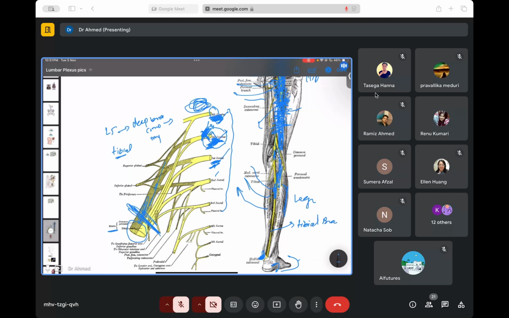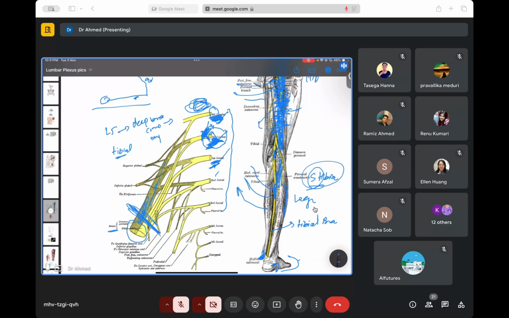So the idea is, just simply remember the S1 segment, right? What's the bedside maneuver in order to see, for example, if someone has lumbar radiculopathy? Just tell them to lie in a supine position and raise their legs to 90 degrees.